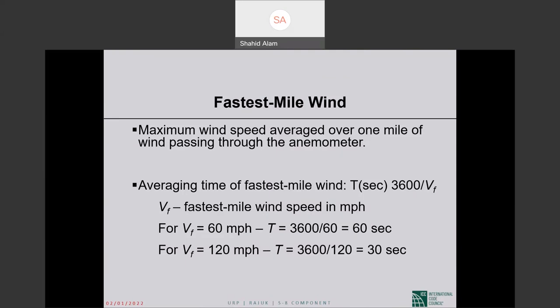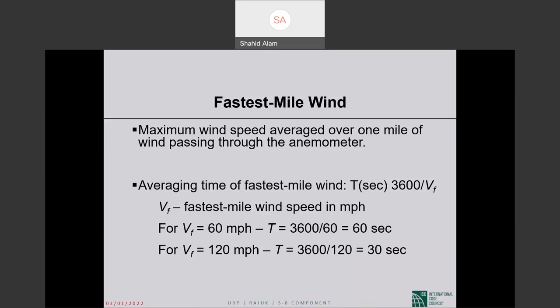The time it took for a mile length of wind to pass through the measuring instrument called the anemometer. So the time it took for 1 mile of wind to pass through the measuring instrument. If the wind speed was 60 miles per hour, that time was 60 seconds: 3,600 seconds in an hour divided by 60 miles per hour.